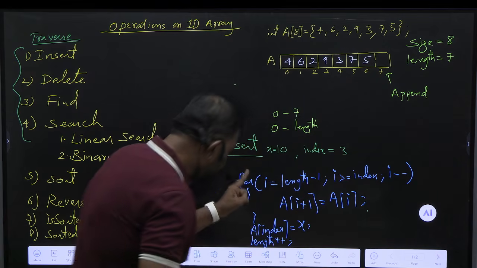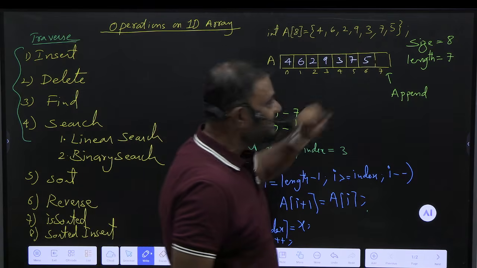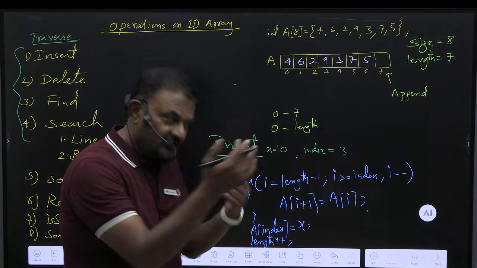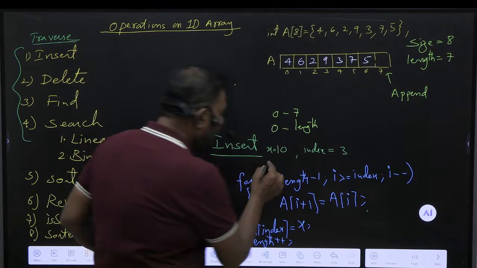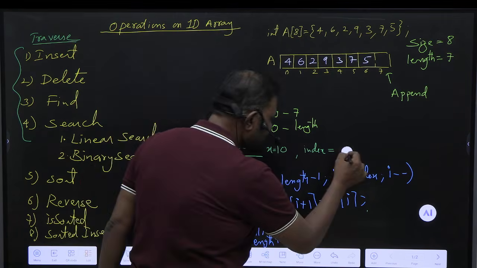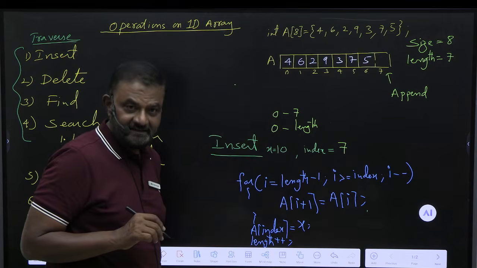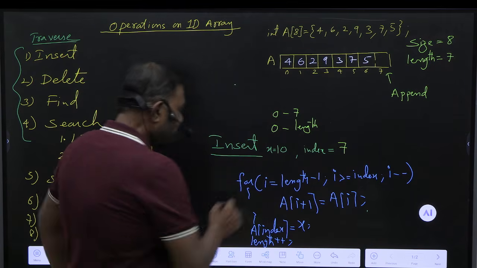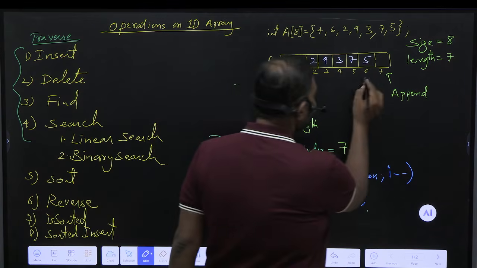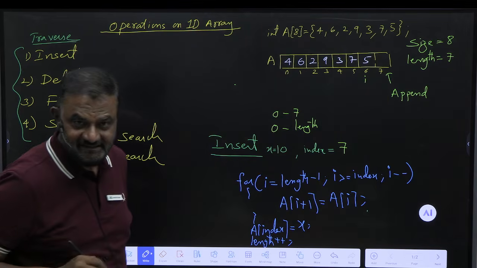Now, will this piece of code insert a new element at index 7 or not? Let us check it. I want to insert a new value 10 at index 7. So first I assign i = length minus 1, that is 6.